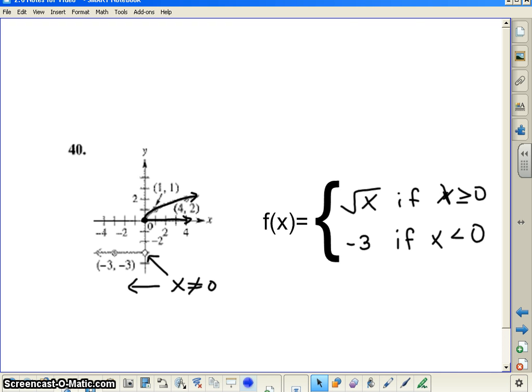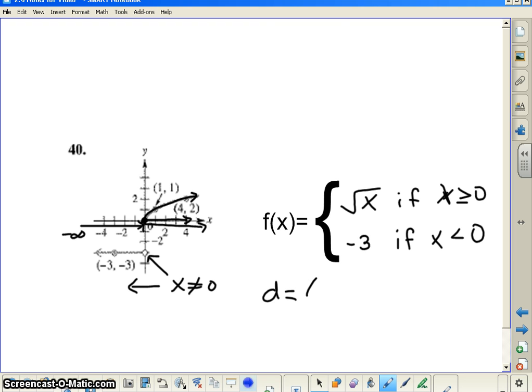So -3 is graphed if x is a number that is less than 0. Okay, now looking at the domain of this function, if I look at -infinity all the way up to 0, one of my functions does include 0. Okay, and then everything after that.